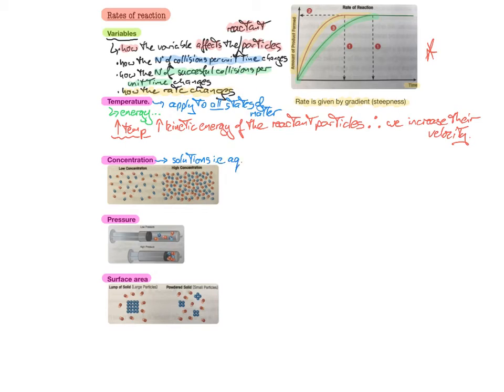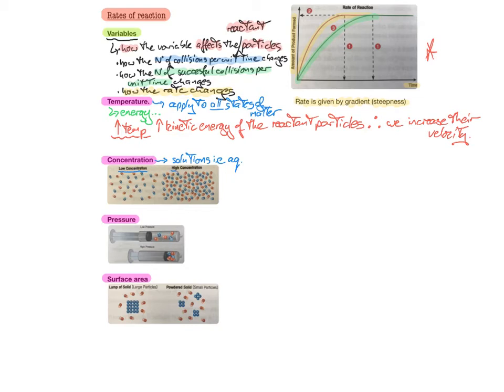And again, we need to know what's happening with the particles, the reactant particles. How does the variable affect the reactant particles? Well, let's have a look at the little diagram. At low concentration, let's just underline that, at low concentration, it's obvious that the particles are further apart from each other. There are less particles per unit volume. I know it's a 2D picture in front of us, so it's per unit area, but in reality we're going to be dealing with a 3D system, so it's going to be per unit volume.